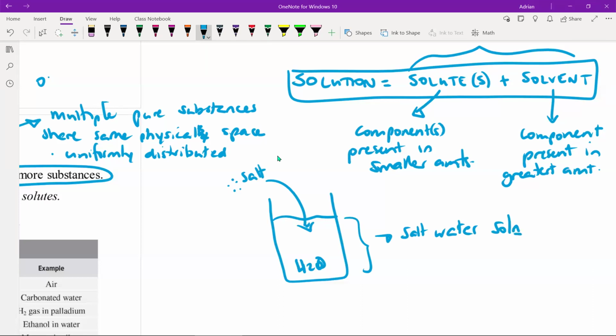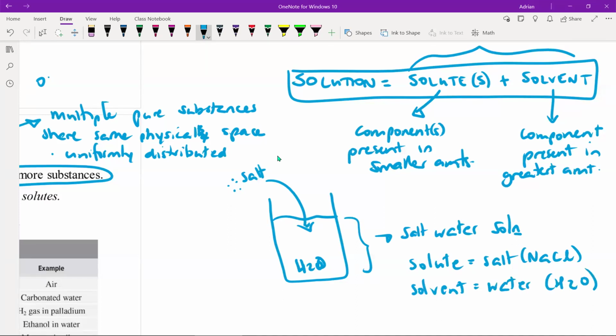In this particular example, the solute would be the salt, regular table salt, sodium chloride, for example. And then the solvent is going to be the water, H2O. Okay, that's a very simple example of a solution.